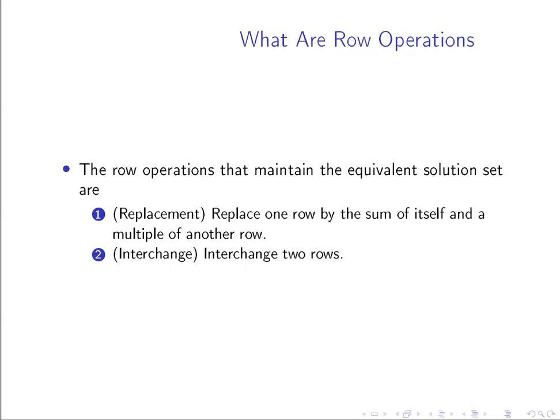I can switch two rows. Obviously, that wouldn't change my solution set. The rows are not fixed, so we can switch rows. Note, you cannot switch columns, just rows. Scale: I can multiply an entire row by a constant value, and it does not change the solution set.